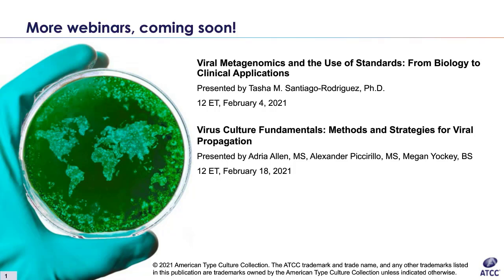Additionally, buffering systems within the media, specifically sodium bicarbonate, are going to dictate how much CO2 you would want to have in your incubator. At ATCC, we like to formulate our media with 1.5 grams per liter of sodium bicarbonate, and that works out best with a 5% CO2 incubator.